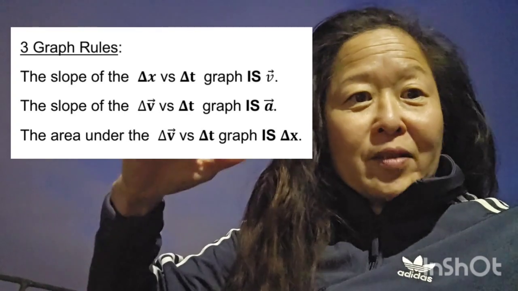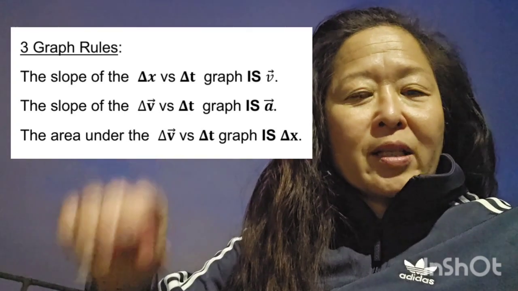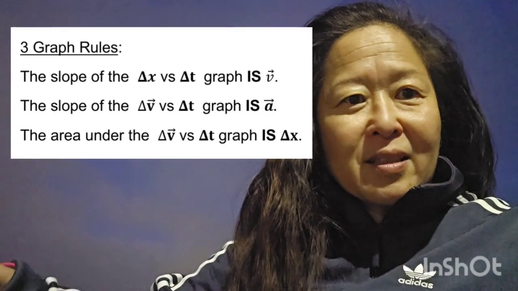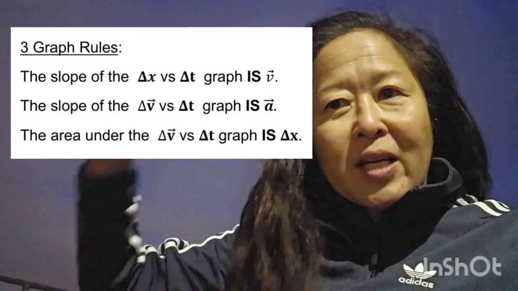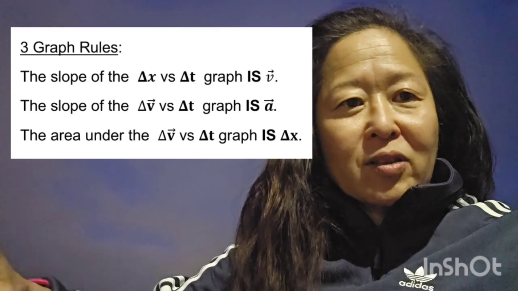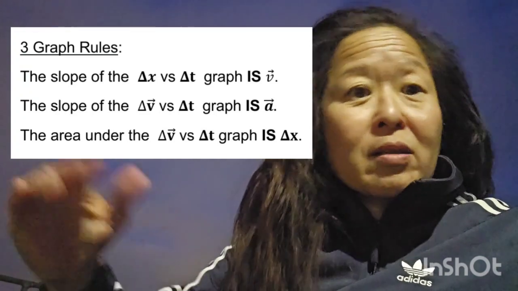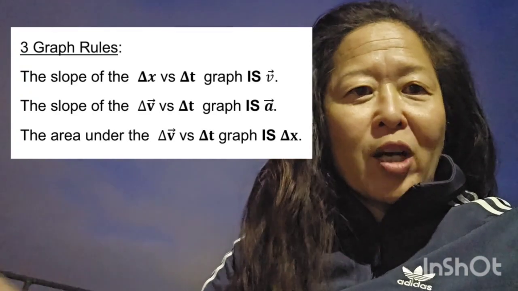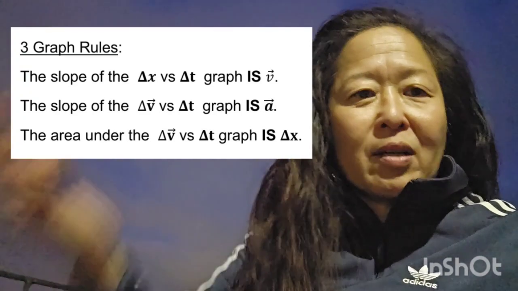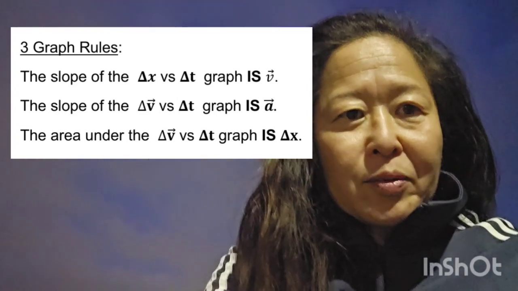Anyways, find the area of that, and that is in fact the change in position for that object. Now, it can turn out where you have an area on top of the t-axis, meaning the horizontal axis, and then you might have an area that goes underneath the t-axis. If that's the case, the area that's underneath is considered negative, so you would subtract the negative area from the positive area, and you'd wind up with a value.